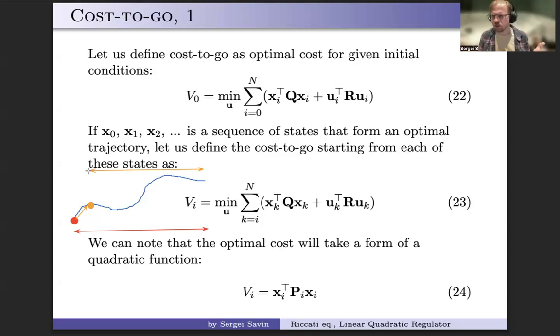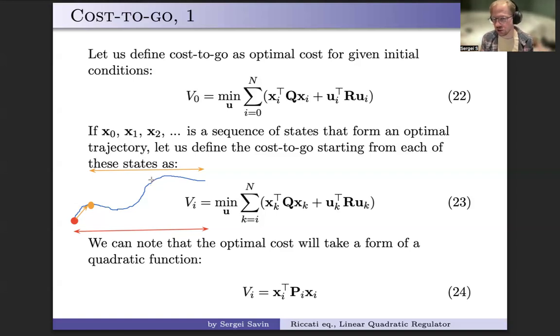It will be smaller. I'm here visualizing cost as a distance, but that is just a visual. It's not meant literally, right? Although you can always, of course, put a cost as a square distance to the goal. You can do it. All right. So what we have here is an illustration of how, when you follow your optimal trajectory, on each next state, your optimal cost will be lower than on the previous state, right?